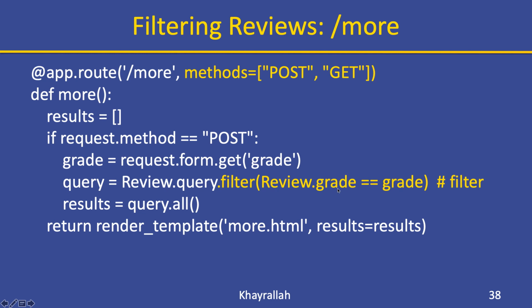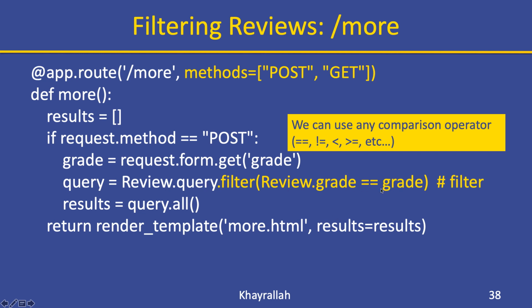Remember, grade is an instance variable in the review class. But just calling filter does not actually return the results. We have to call all on the results of this query to get the list. And now we can render the template more and pass these results to our more template.